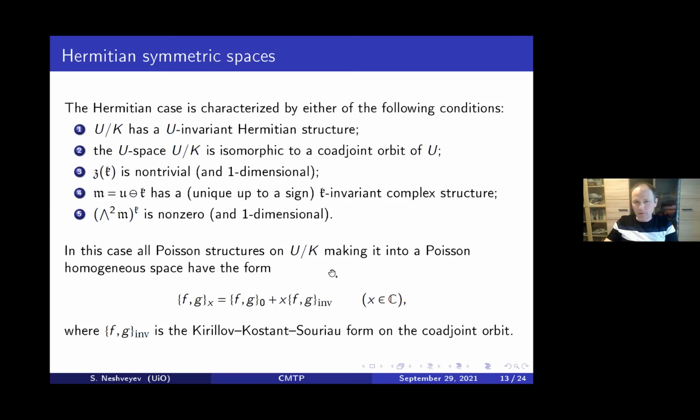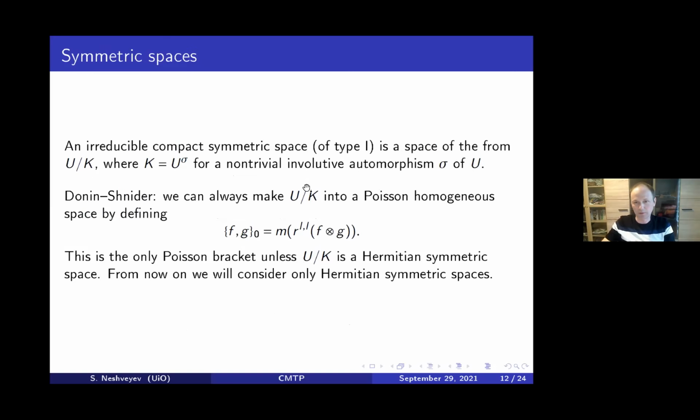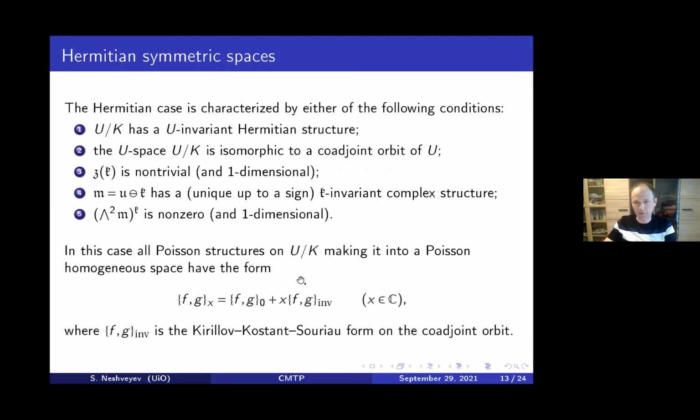So if you deal with Hermitian symmetric spaces, then we have a pencil of Poisson structures compatible with the action of your Poisson Lie group. Namely, we can take this one which I defined here, this Donin-Schneider structure, and you can take the Kirillov-Kostant-Souriau form on the coadjoint orbit and just multiply it by any number.